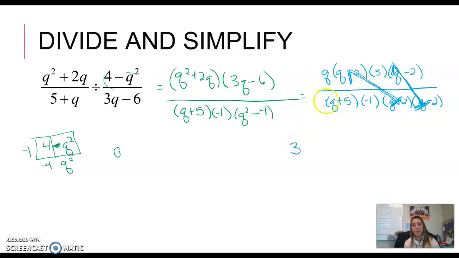So 3 times q, so that's written right. And then I have negative 1 times q plus 5. Which 3 divided by negative 1, we need to simplify that further, would be negative 3q over q plus 5. So that negative would go up front. We usually don't want a negative in the denominator.